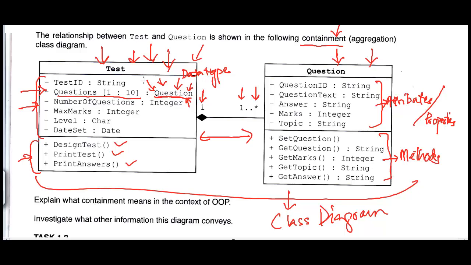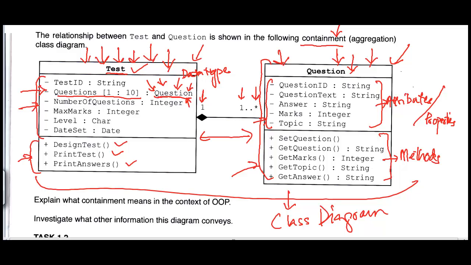So it is basically dependent on this class. If this class is not there, then the test cannot be complete. So we must have a questions class, right? And then this questions class must be a part of the test class. So there is a dependency here. This test cannot be complete if we don't have questions, right? And for each question there are so many things that we want to store. So these are the attributes that we want to store about each question.